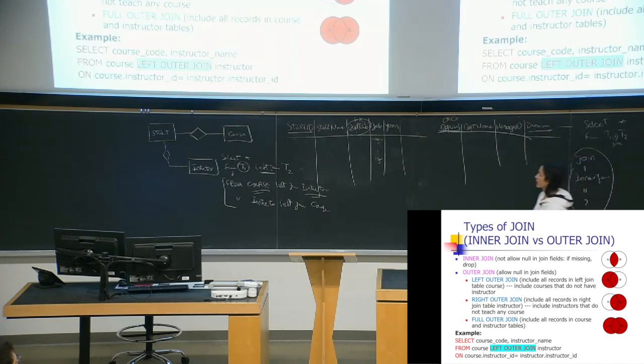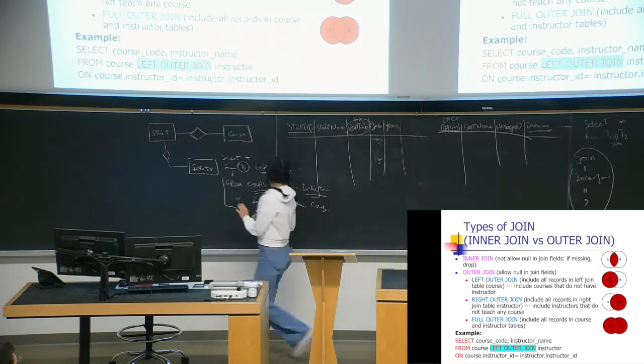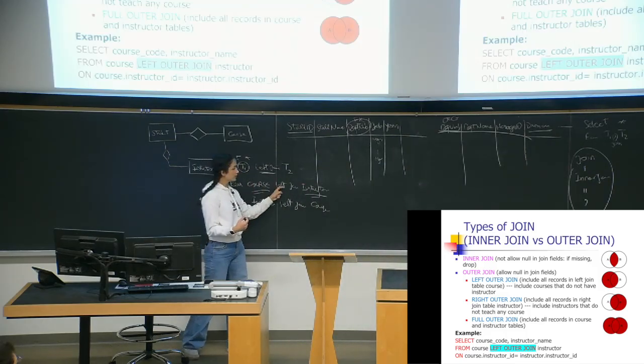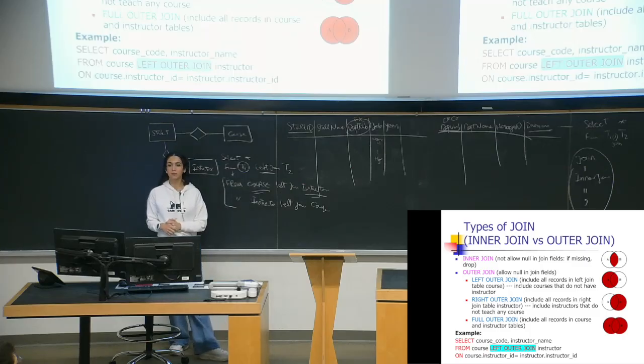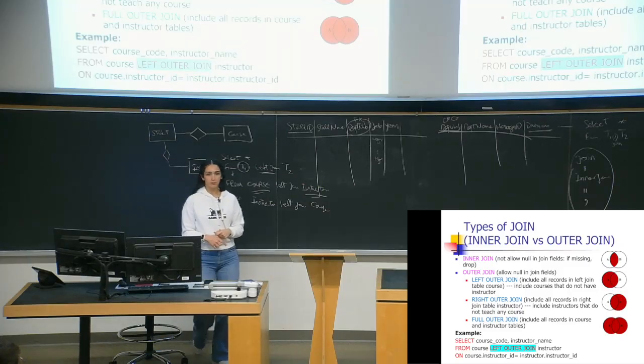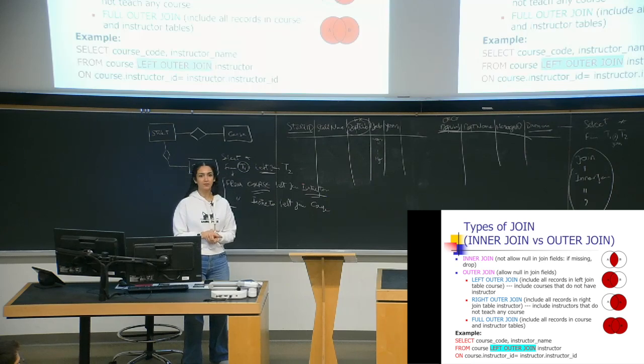Now, if I have course inner join instructor, what does it mean? If I select star, select all the columns, from course inner join instructor, what does that mean? It would show the instructors who are only teaching the course.